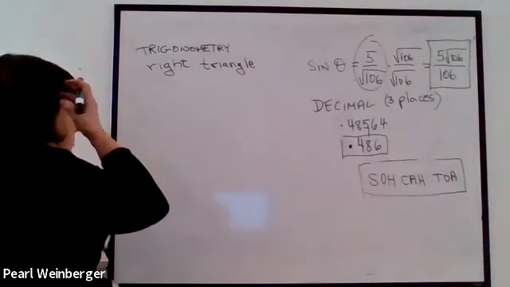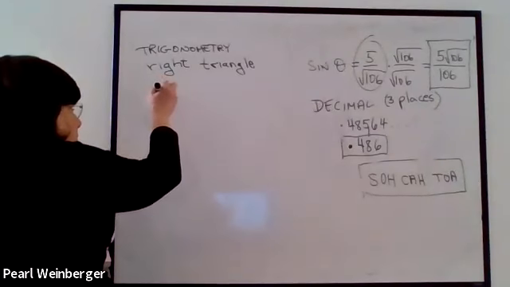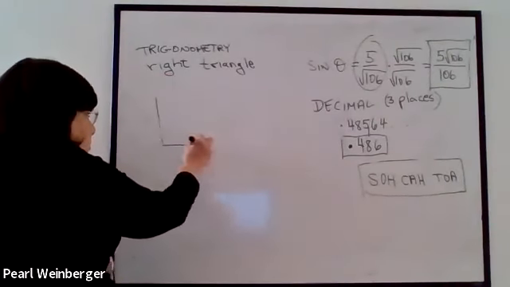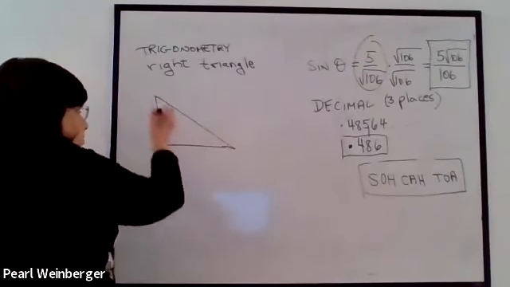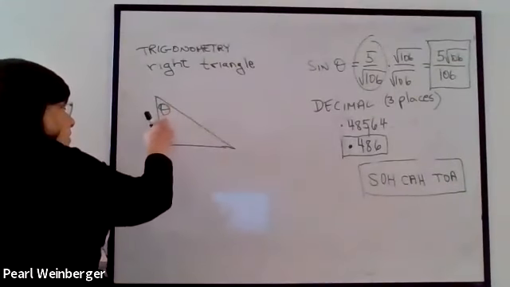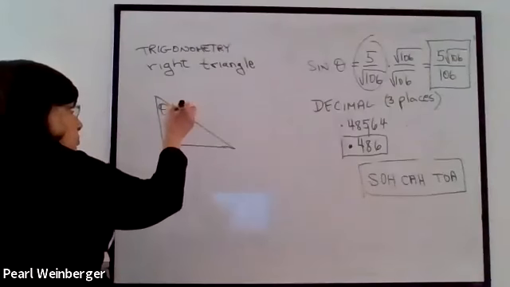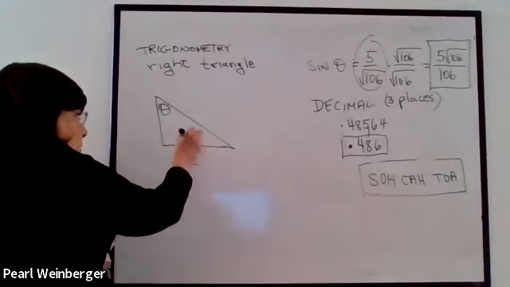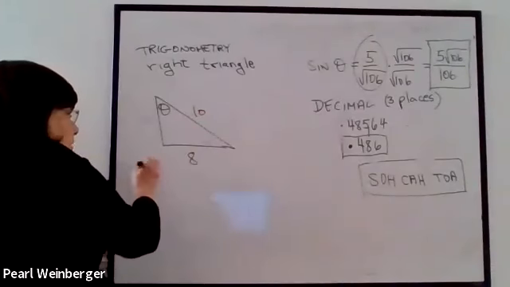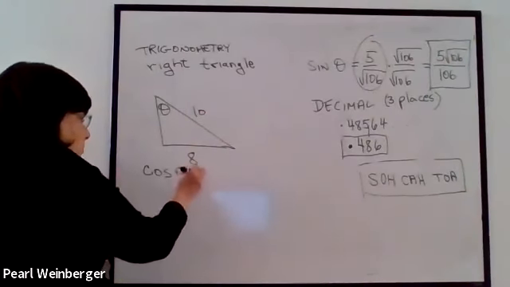I'm going to give you a picture this time, and I'm going to change it a little. Suppose my theta I put over here. And suppose I told you that this is 8 and this is 10. And I want you to find cosine theta.